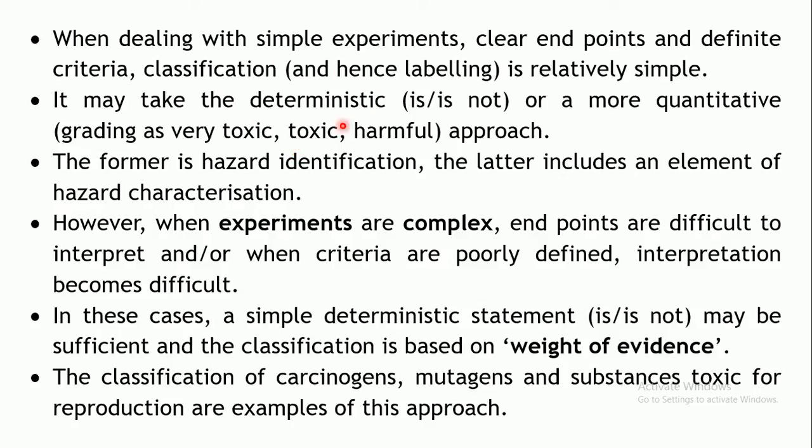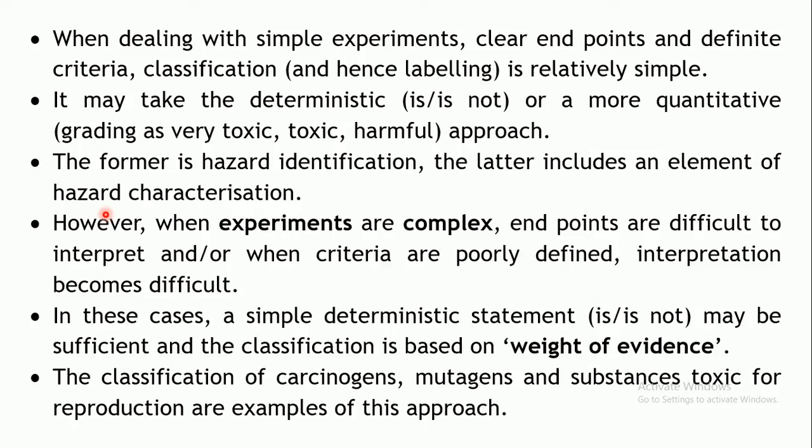Usually when the study carried out is deterministic, it falls under hazard identification, whereas when quantitative studies are done, it is mainly involved under hazard characterization. Here the amount of exposure is correlated with the amount or types of effects or the severity of the effects which are seen. So this is very easy to classify when simple experiments are carried out with clear endpoints.